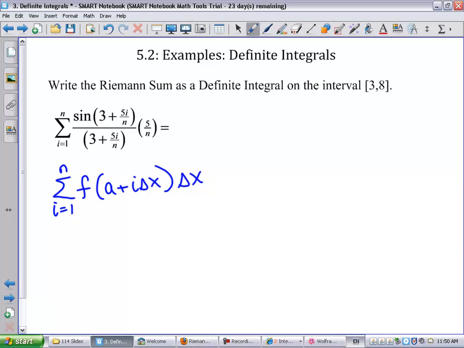All right, so what can you see that kind of matches up? Well, the 5 over n at the end looks like a good candidate for delta x, right? Because delta x is supposed to be always b minus a over n. So it should be some number divided by n. So if it were 5 over n, that would tell you that b minus a is 5.